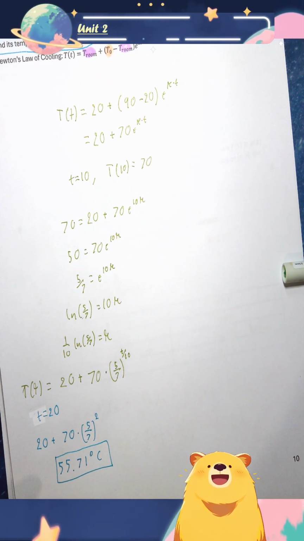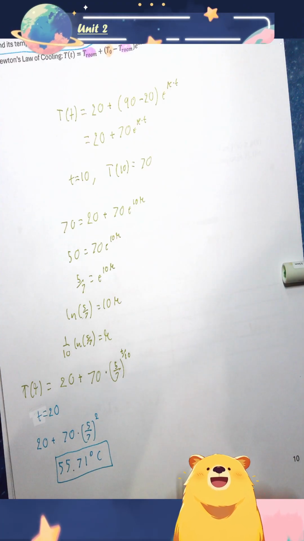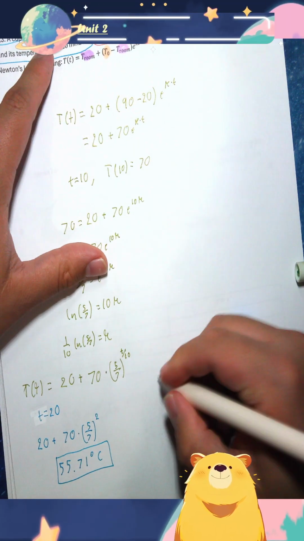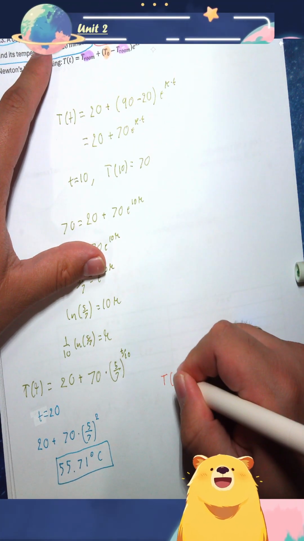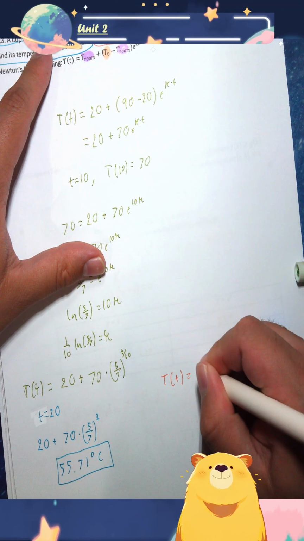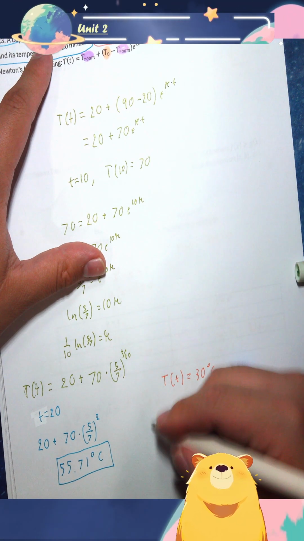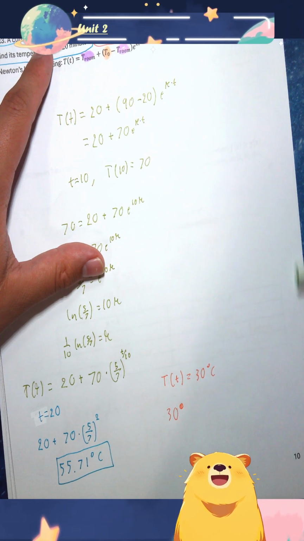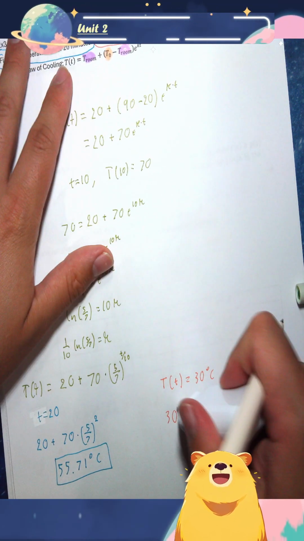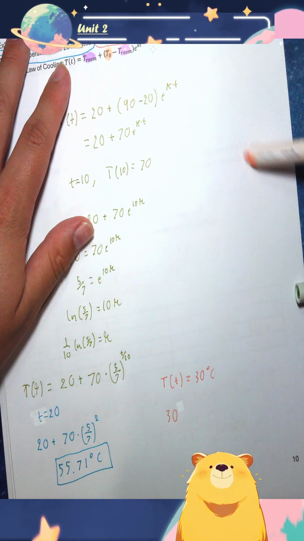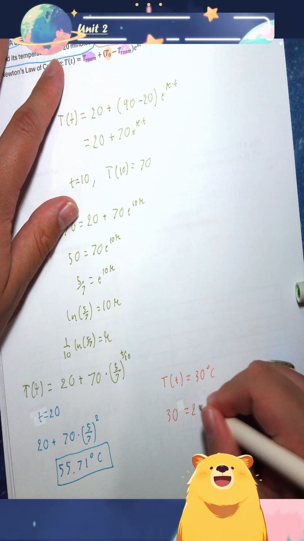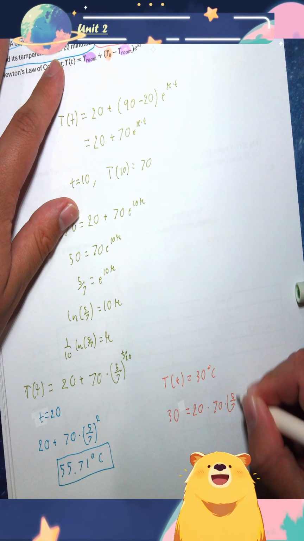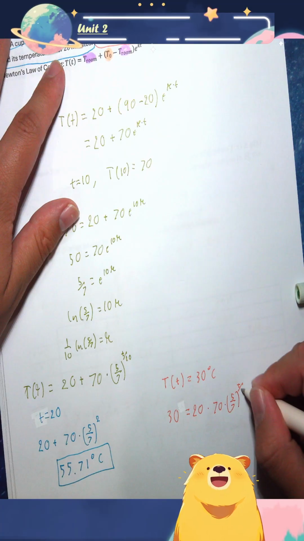How many minutes will it take the cup to reach 30 degrees? So this one, you're solving for t. So you're doing when T of something is equal to 30 degrees Celsius. 30 is equal to 20 plus 70 times 5 over 7 to the power of t over 10.